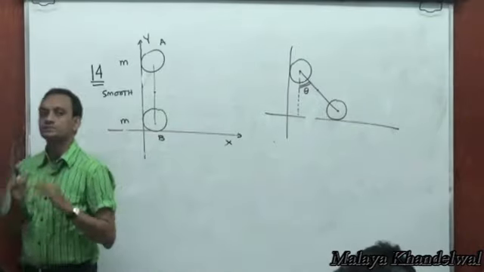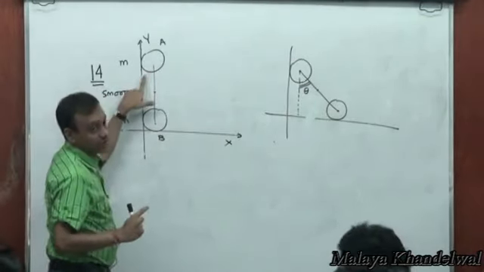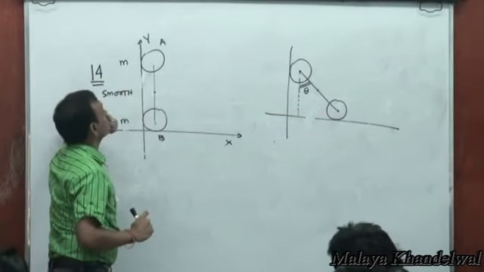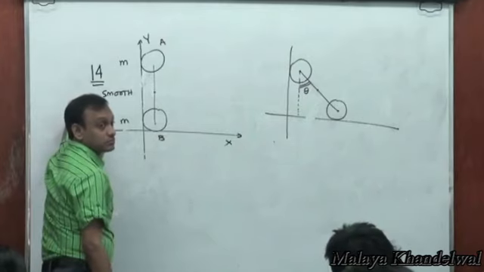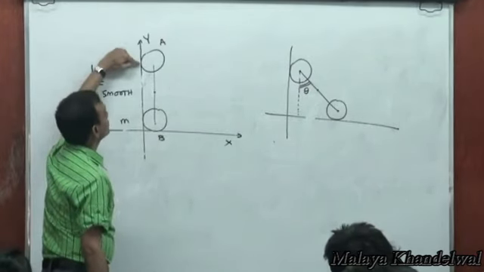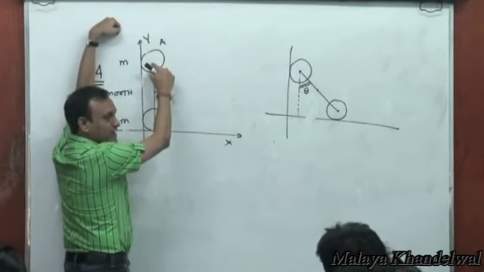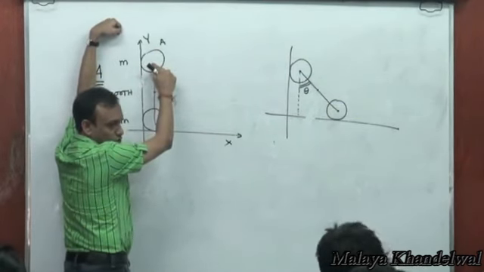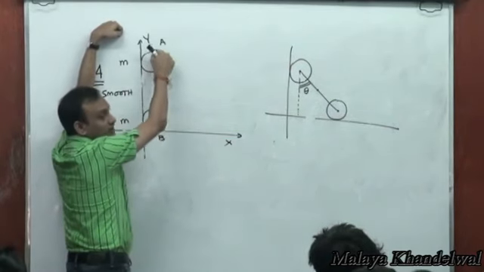Now, a few things. When this descends down, there is no torque acting on it. Why? Because there is no friction. And the rod at this point will not produce any torque because it's attached at the midpoint. So there is no torque acting on this, so no omega develops on it.